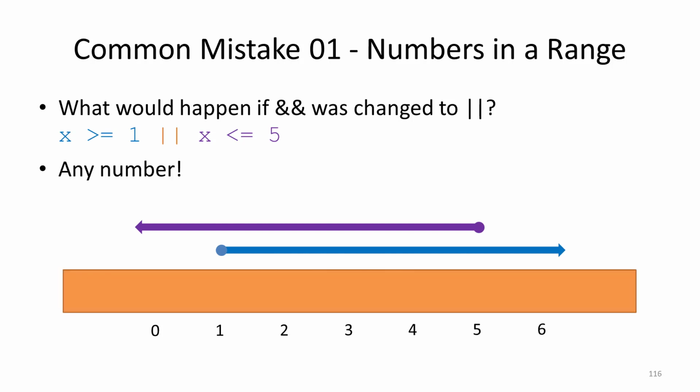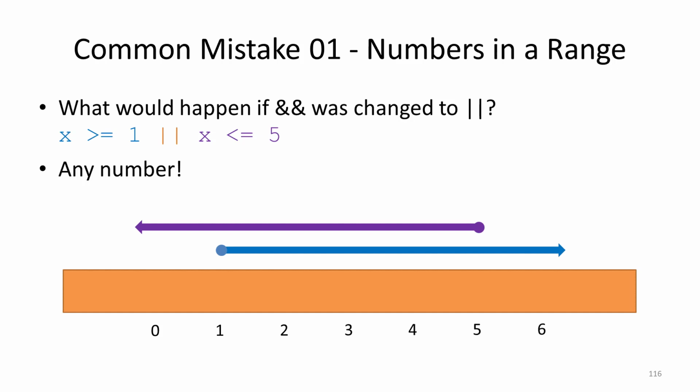And here you'll see why this is no good. If you change the AND to an OR, then this represents any number. Because with the OR, either the left or the right side needs to be true in order for the compound condition to be true, this would actually accept any number because any number is greater than or equal to 1 or is less than or equal to 5.